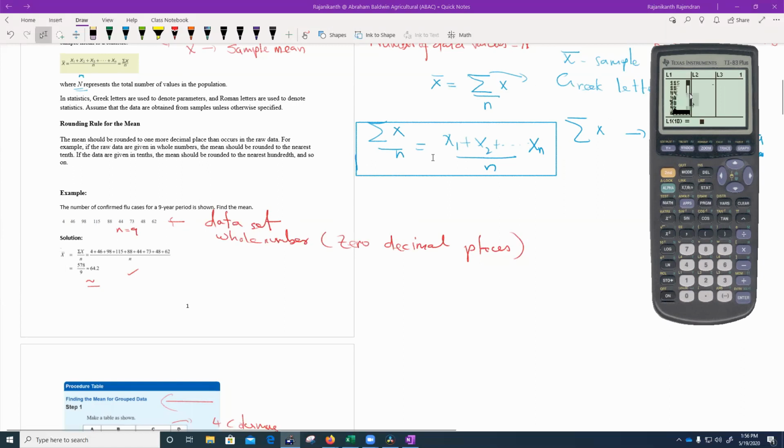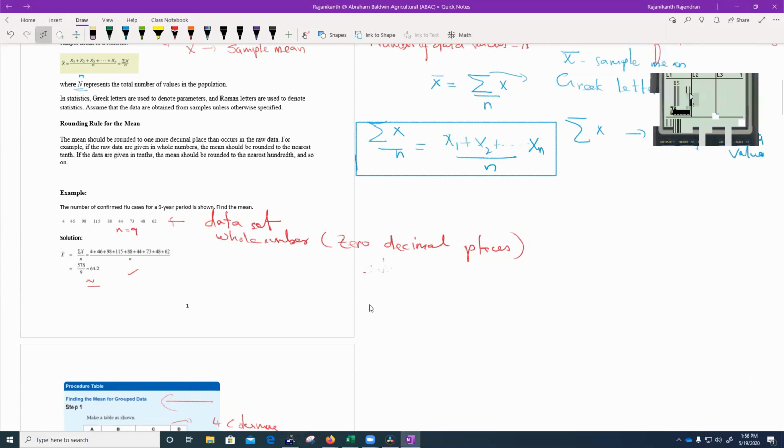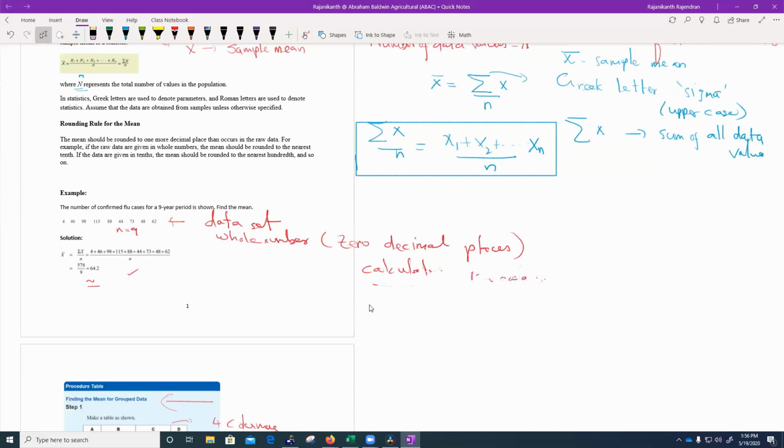Now I'm going to calculate the mean x bar. Let me write down the steps. First, enter all the raw data values into the L1 column. Then go to stats, go to calc, and use the first one, which is 1-Var Stats, that means one variable statistics.